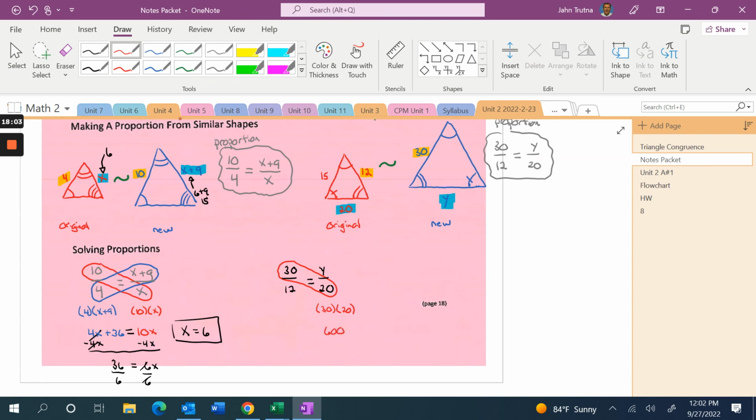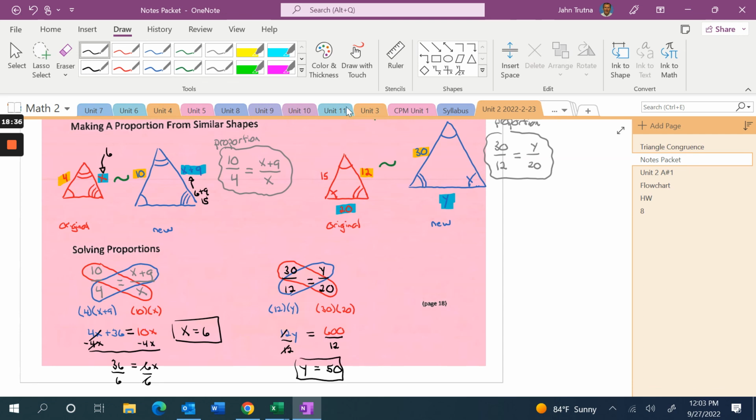Then I'm going to cross multiply the other way, the 12 with the y, and I'm going to write that result down. So 12 multiplying with y is 12y. And those two results are equal to each other. So I'm going to divide 600 by 12. And after those 12s cancel out, I'm going to get my value for y, which is going to be 50. So in this particular proportion, y is equal to 50.